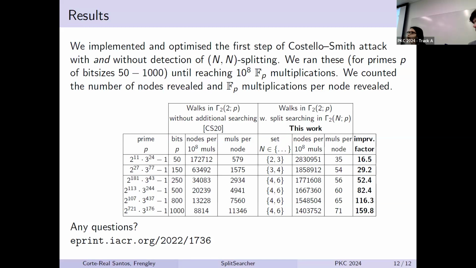For n being prime, it's that. But when n has factors, it's a bit more complicated, but we give it in the paper. But for primes, it's n squared plus 1 times n plus 1.